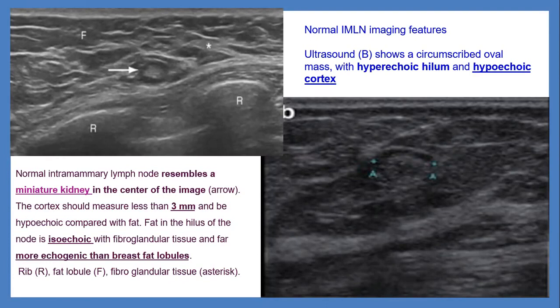It is hypoechoic compared to the fat, but sometimes it looks iso or slightly subtle hypoechoic to the surrounding fat lobules. The fatty hilum is iso to the fibroglandular tissue and far more echogenic than the fat lobules.